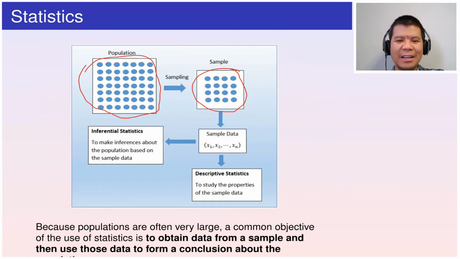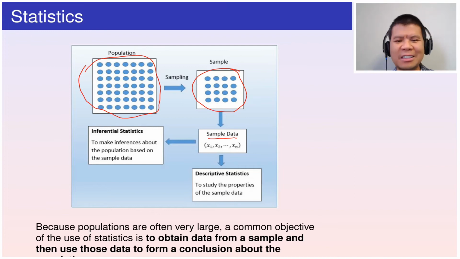And then we get the sample data, the collection of observations from a sample, like x1, x2, up to xn. And these are the sample data.